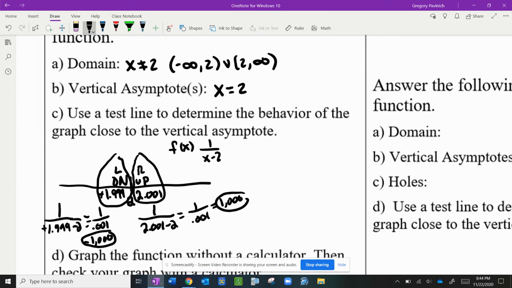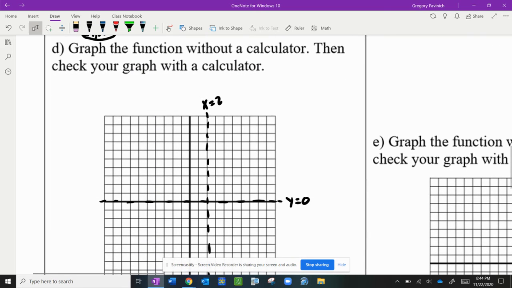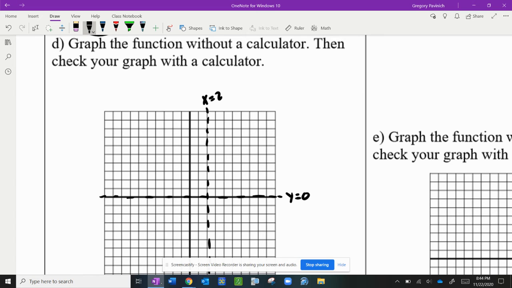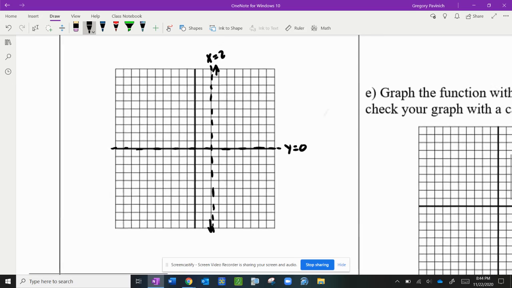So let's go ahead and do that right now. On the right side, where it's just 2.001, it's at 1,000, which is way off my graph, but I know it's going up. And on the left side, I was at 1.999 and the output was negative 1,000. So I know it was going something like this. So I know this is the behavior around my asymptote.